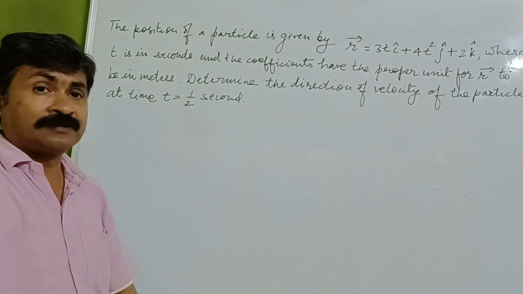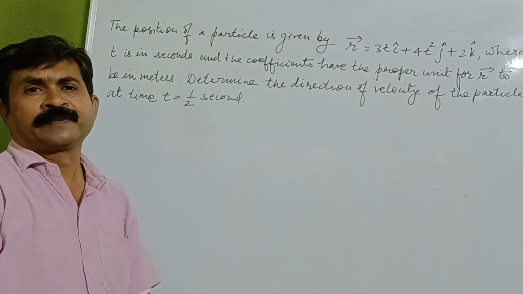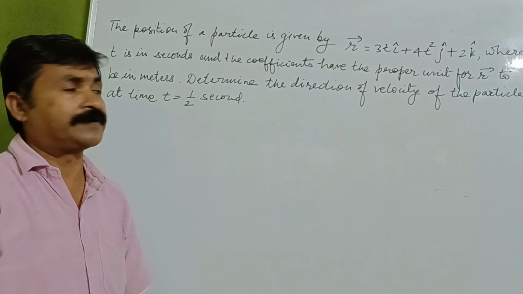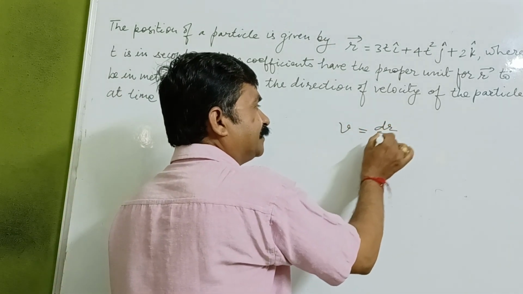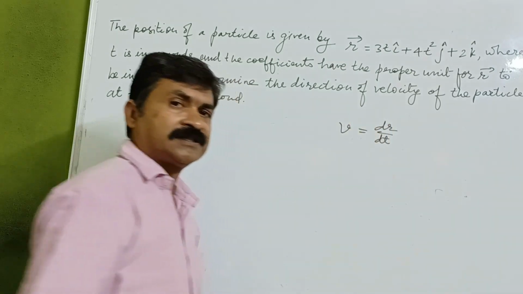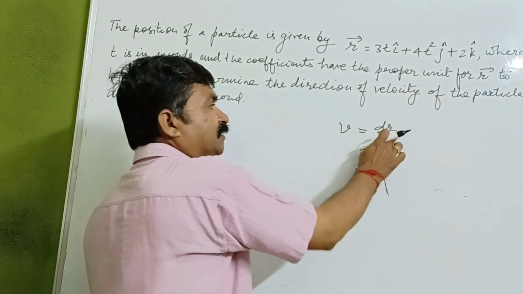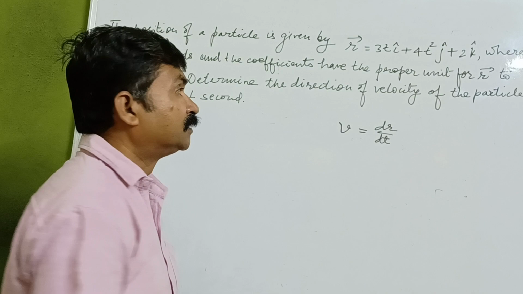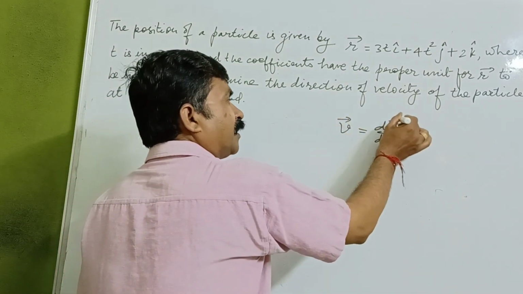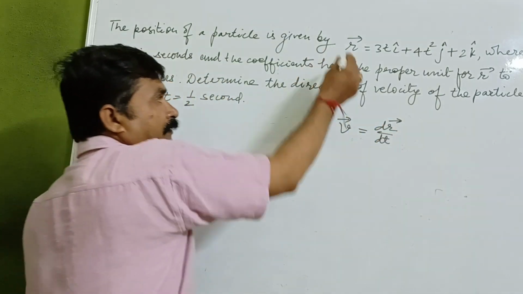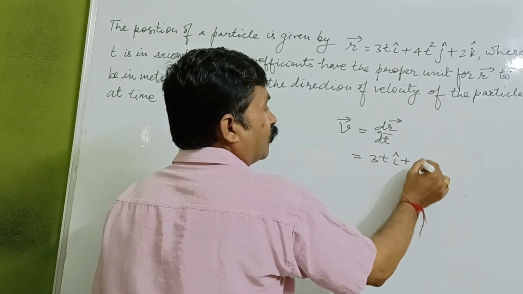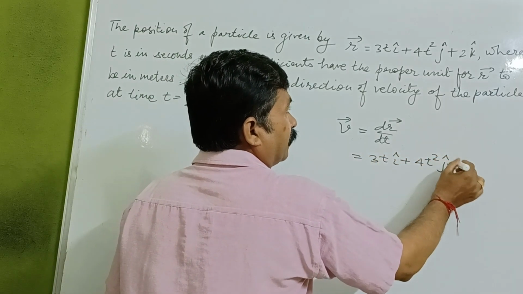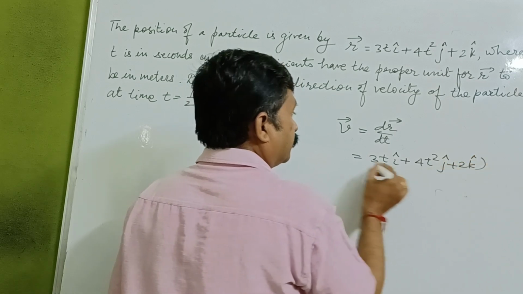Now if we go through the velocity, we know that very well. The displacement with respect to time, meaning dr by dt, will give the velocity. R is representing displacement, and displacement with respect to time will give the velocity. Now, R here is 3t i cap plus 4t square j cap plus 2k cap.